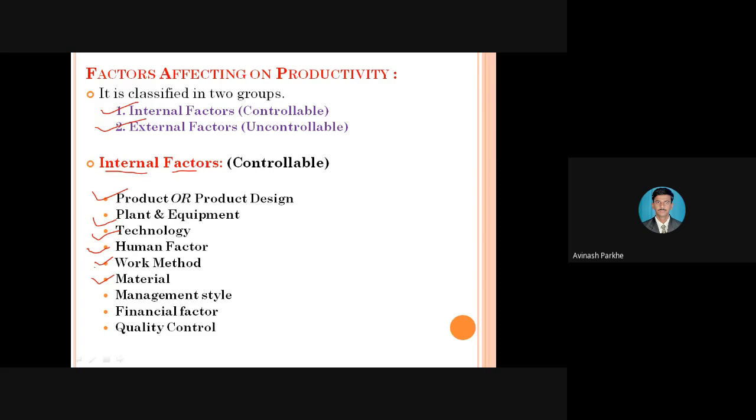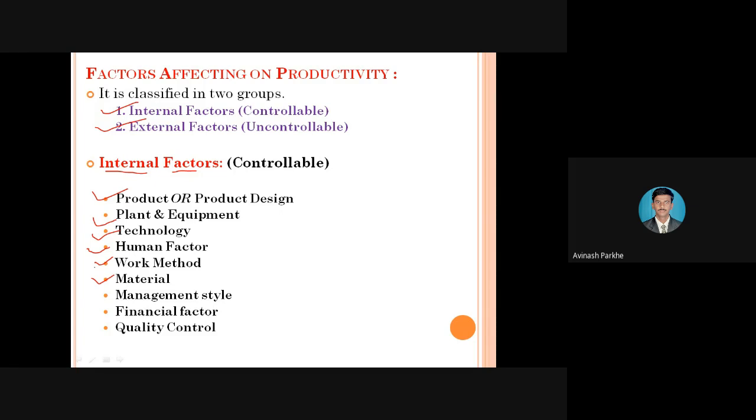So how much output we have to achieve in one day or in one week, as per the requirement of output, we have to make the input material available. If input material is available in mass quantity, as per the input we can achieve the maximum output.